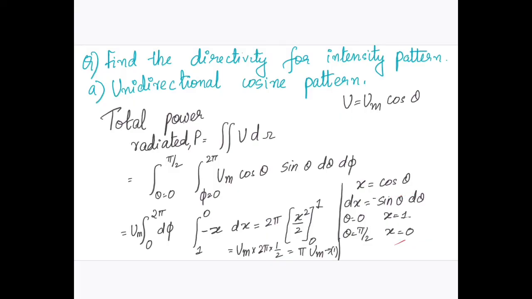So applying the integrals and substituting cos theta equal to x, sine theta d theta equals minus dx. If you change the interval to 0 to 1 in order to remove this minus sign, the final answer will be pi into UM.